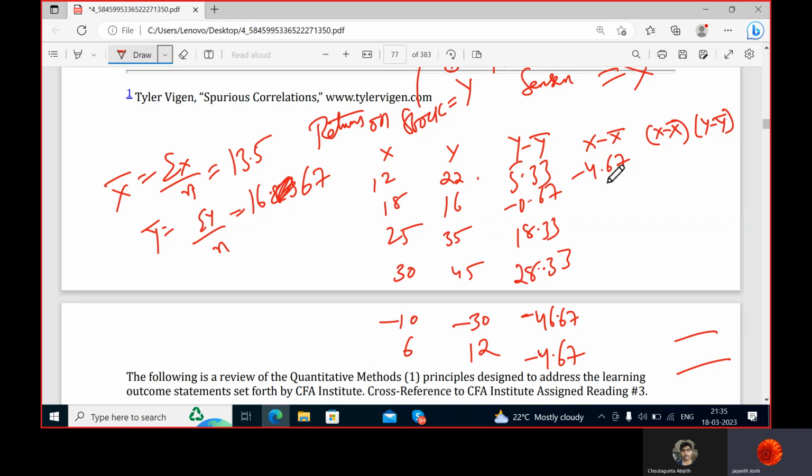12 minus 13.5 is somewhere around minus 1.something. That's not a problem, from the calculator we can do it. Need not worry about that. You calculate, I'm waiting for you. Tell me the figures.